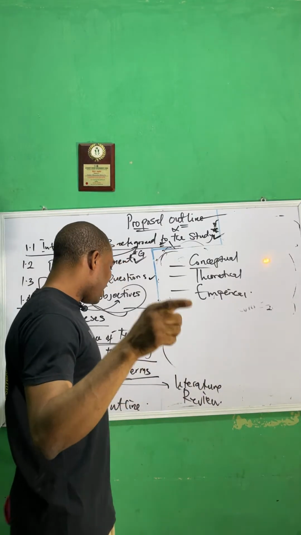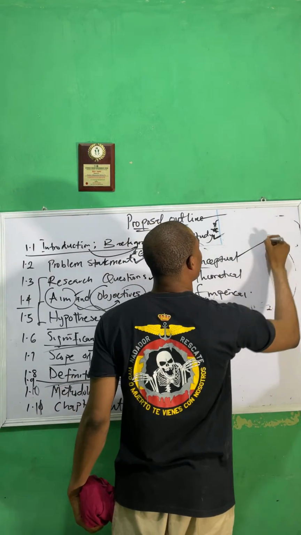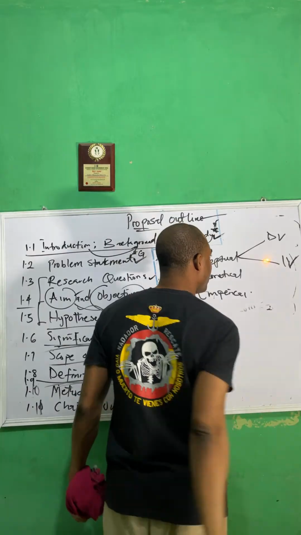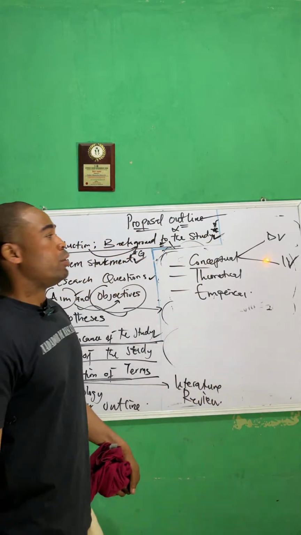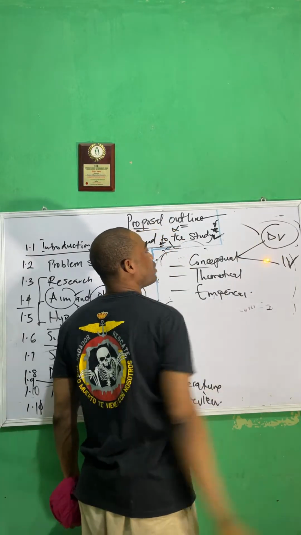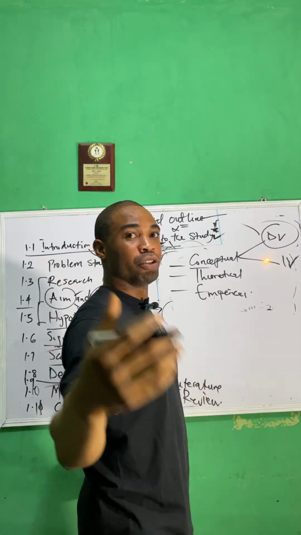That's why I'm saying that you need to explain the concepts of your dependent variable and your independent variable very, very well. Here we have to explain deeply what customer loyalty is and what people have said about customer loyalty. That's your citations, your references.